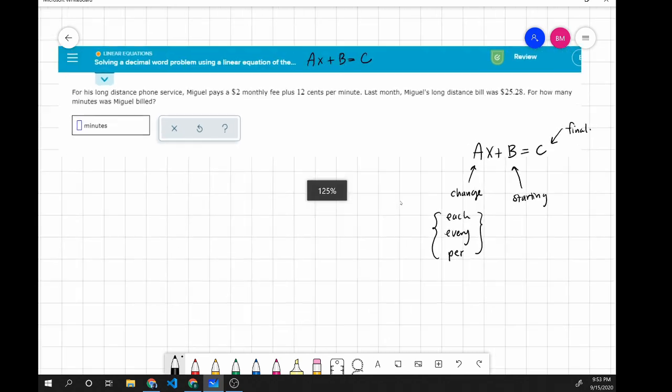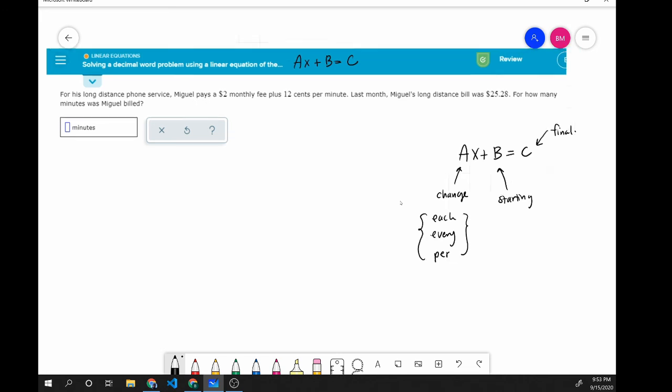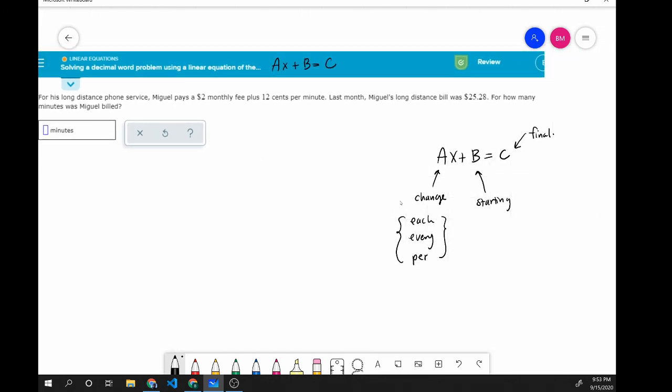So if you read through the problem, for his long-distance phone service, Miguel pays $2 a monthly fee plus 12 cents per minute. So already I'm seeing two numbers which I can use in my problem. So we're talking about each month. So he starts off by paying $2 a month.